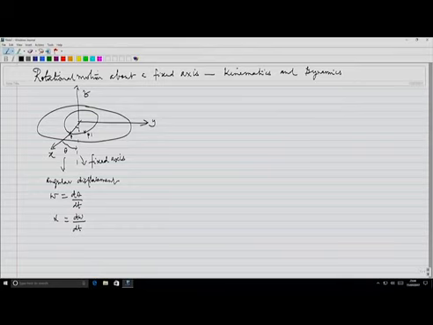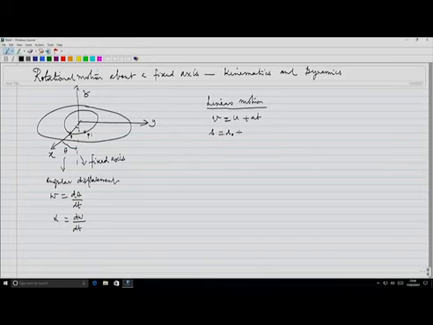So in the case of linear motion, the kinematical equations are v is equal to u plus at, and s, namely the displacement, is equal to whatever the initial displacement plus ut plus half at squared, and then v squared is equal to u squared plus 2as.